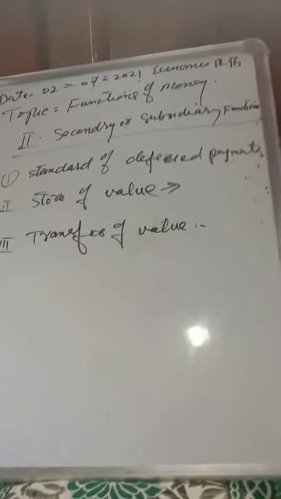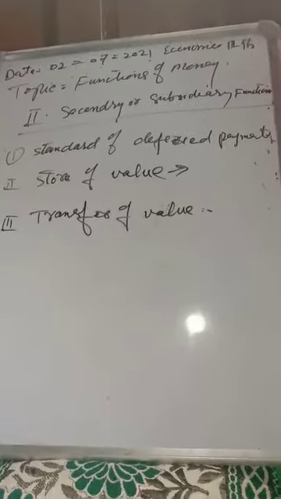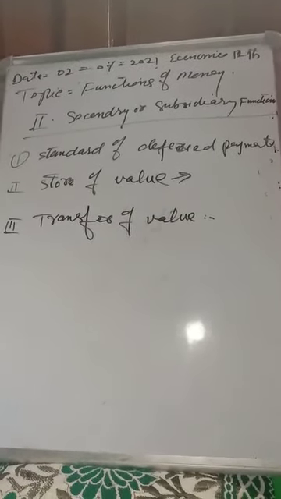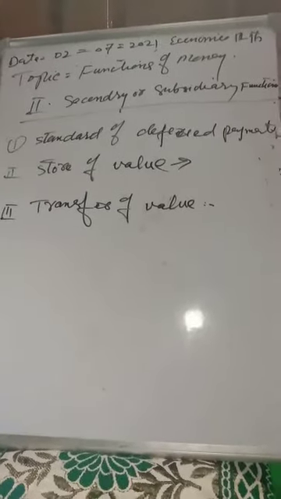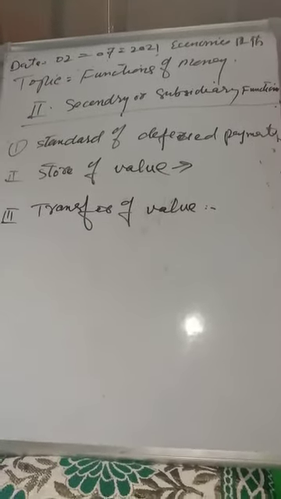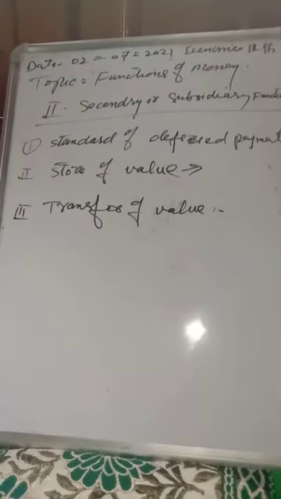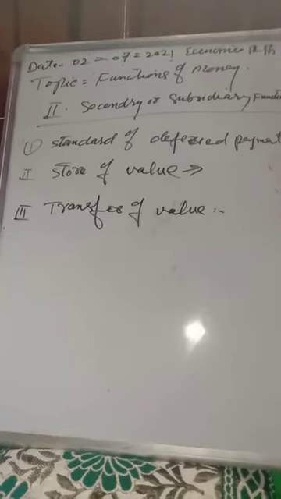You need purchasing power at those places where goods are purchased. You need to transfer purchasing power from the place of your residence. Money performs this function very well. It can be easily transferred from one place to the other.